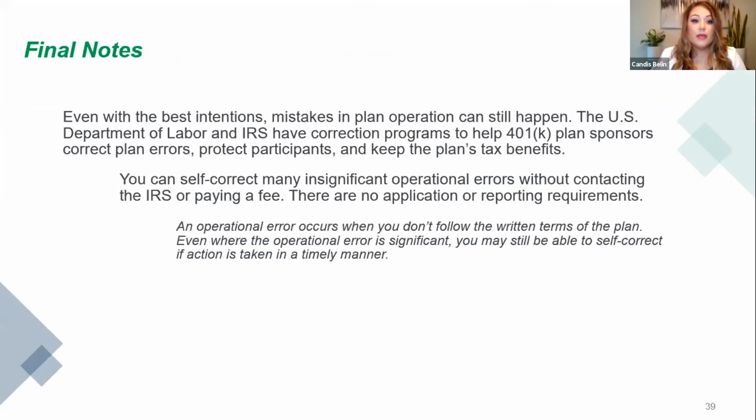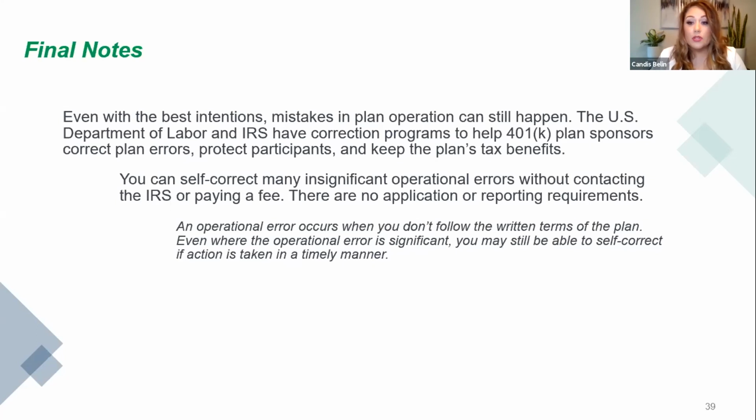So even with the best intentions, mistakes in plan operations can still happen. The DOL and the IRS have correction programs to help 401k sponsors correct plan errors. They protect participants and keep the plan's tax benefits. You can self-correct many insignificant operational errors without contacting the IRS or paying a fee.